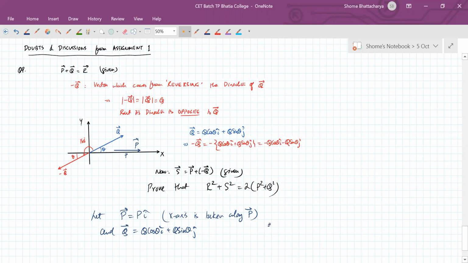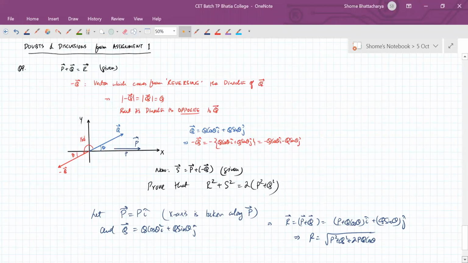So from this we can see that the vector r, which is p plus q, in component form is like this, okay. So in magnitude it is, sorry, square root of p square plus q square plus 2pq cos theta, we know this, okay.